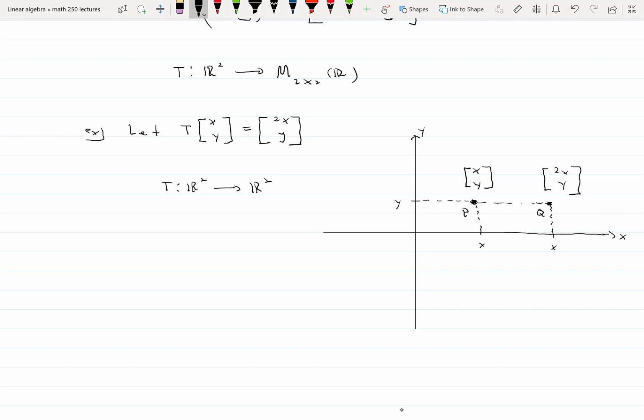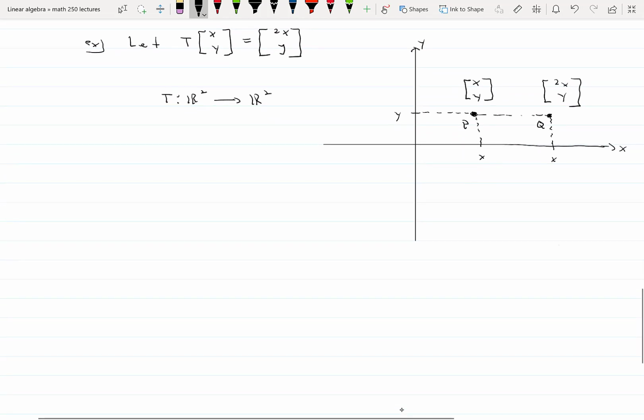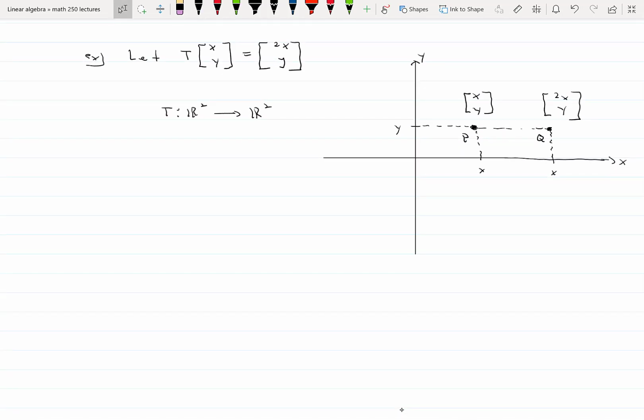There are transformations that take entire portions of the xy plane and scale them bigger or smaller, but I want to leave it there because we have a lot to talk about. It's a very exciting topic: what transformations do to either single elements in R2 or R3, or to entire regions in those spaces. Okay.